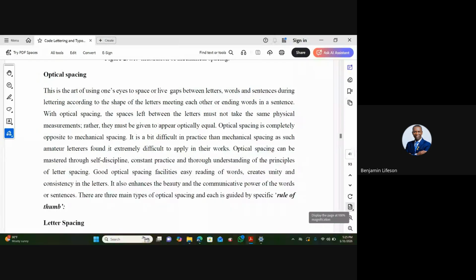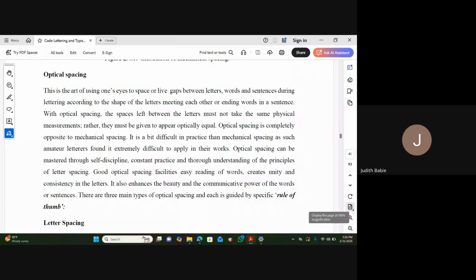So if you don't have a good sense of judgment, if your eyes are not good, you cannot do proper optical spacing. So sometimes you have to squint your eye and see whether if you put these letters or words together, it will be legible and readable. So that is good sense of judgment. It's not defined, just like mechanical.